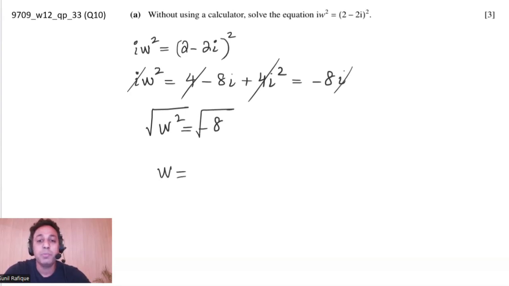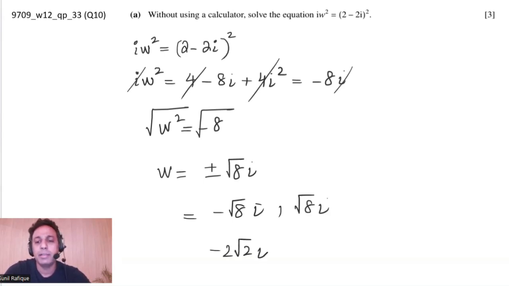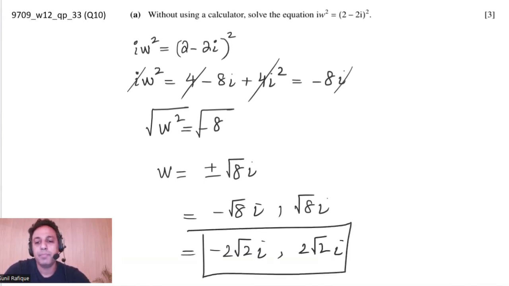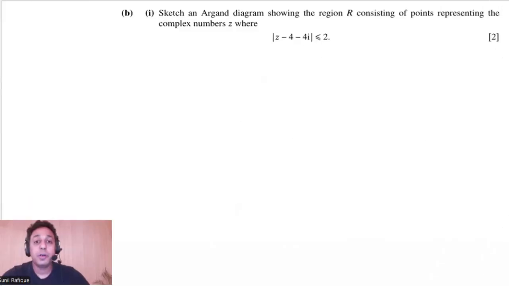So w is going to be plus or minus the square root of 8i. So you can give both roots as negative square root of 8i and positive square root of 8i. Or you can maybe write the simplest form like this, 2 square root 2i. That's part A.